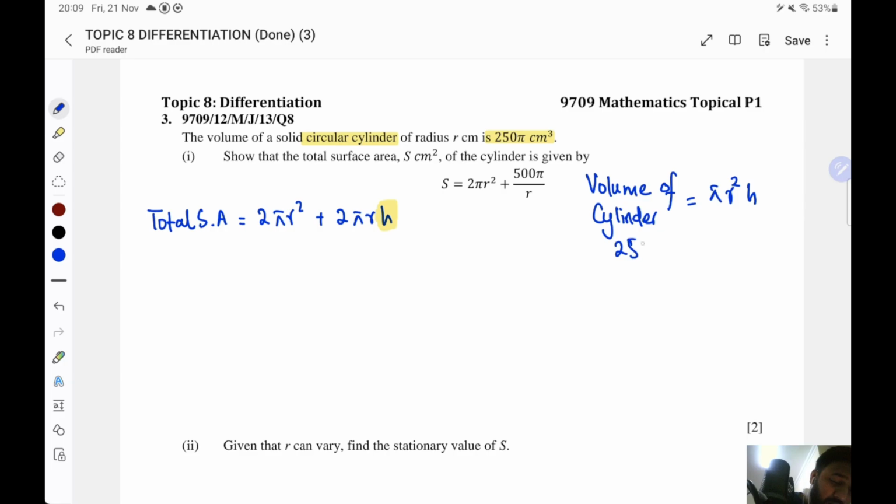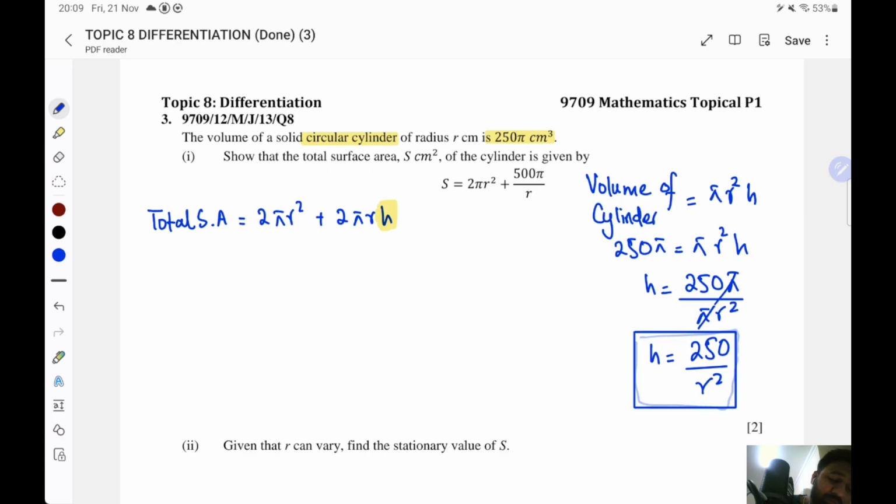Now 250 pi equals pi, and the radius of the cylinder is r, so the value of h is 250 pi divided by pi r square. If I simplify, pi will cancel out, and the value of h will be 250 divided by r square.